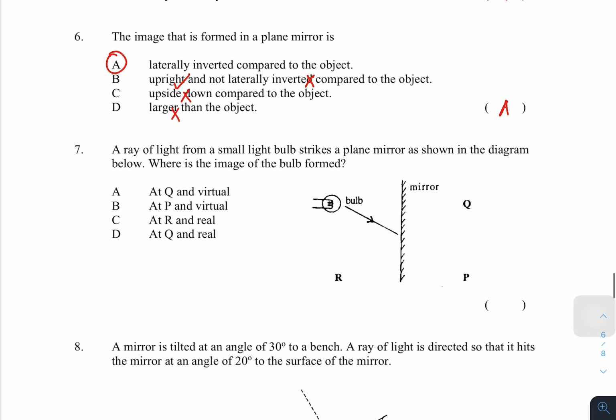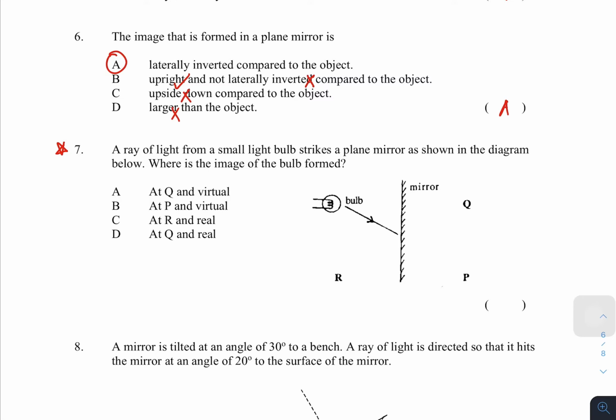Next, 7. I will put a star here because this is a very important skill to hone. A ray of light from a small light bulb strikes a plane mirror as shown in the diagram. Where is the image of the bulb formed? One of the most important skills to master is to locate where the image is under reflection of a plane mirror.